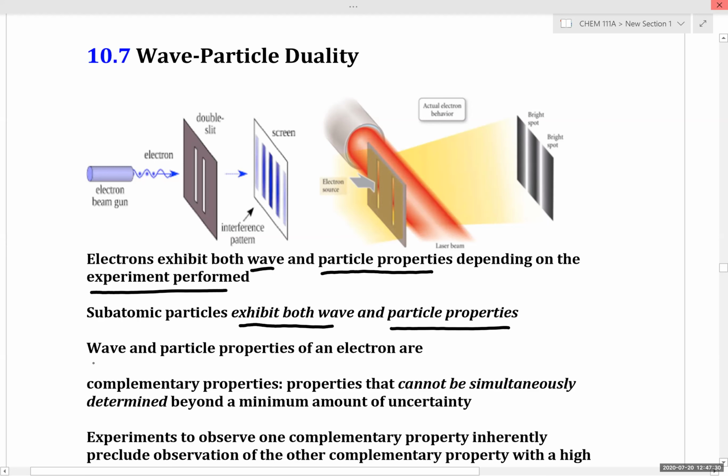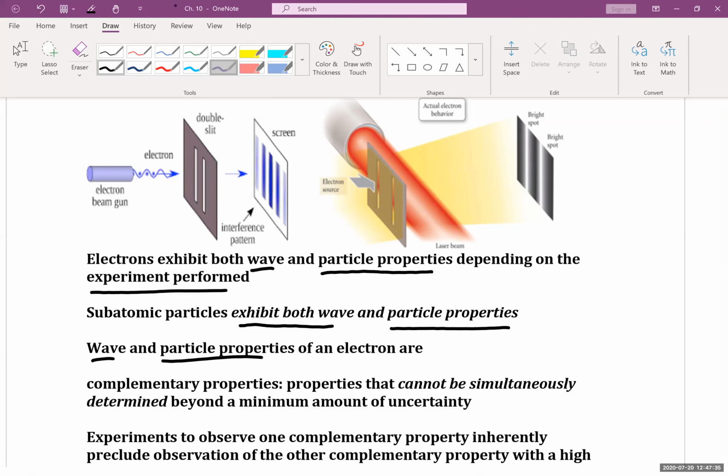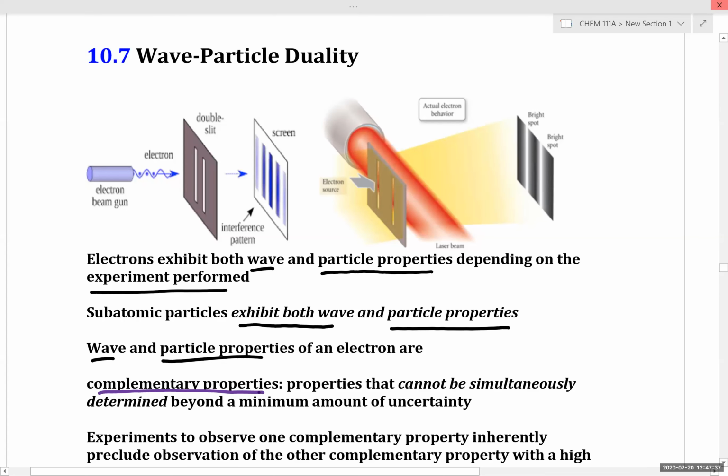Wave and particle properties are known as complementary properties, and these are properties that cannot be simultaneously determined beyond a minimum amount of uncertainty. So rather than seeing wave and particle properties simultaneously, depending on our experiment, we will observe either wave or particle properties.